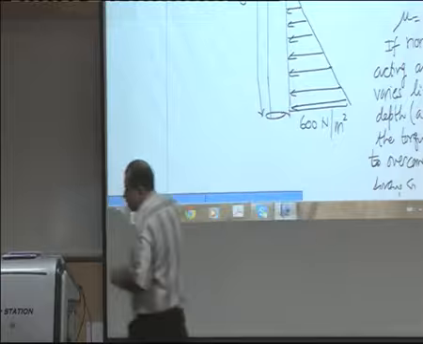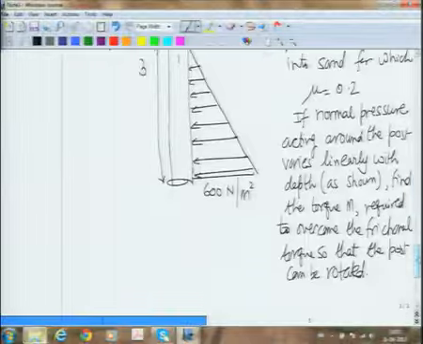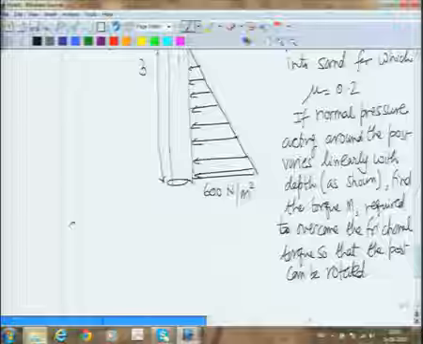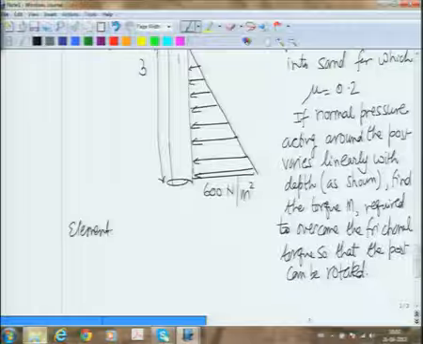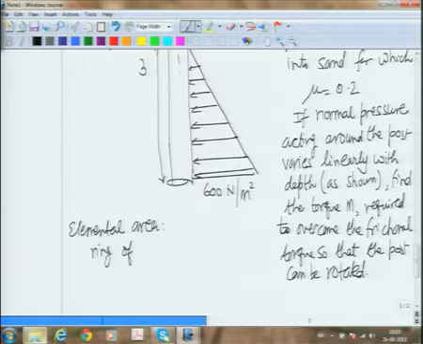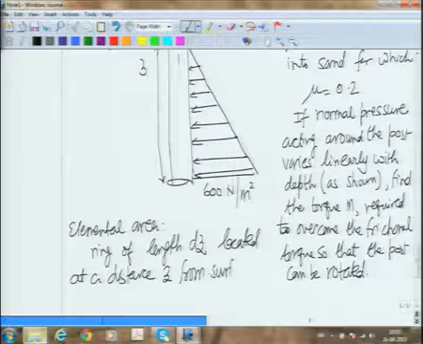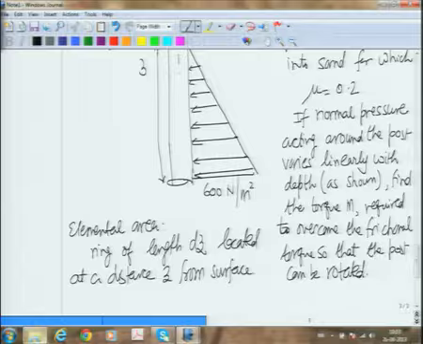That is the key thing to work this problem out: the elemental area which we choose is a ring of length dz located at a distance z from the surface.